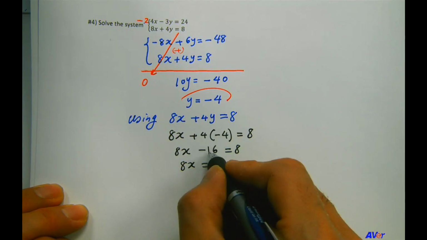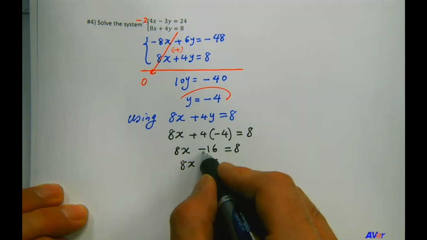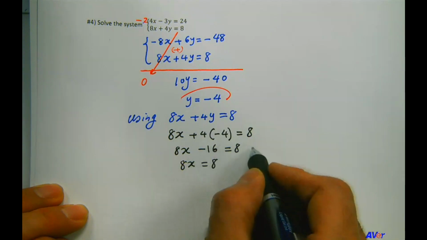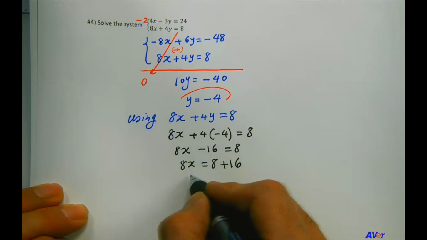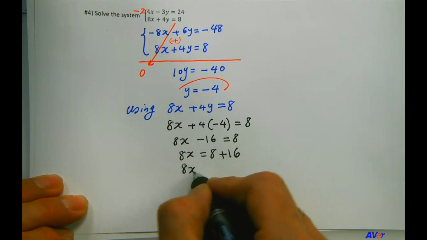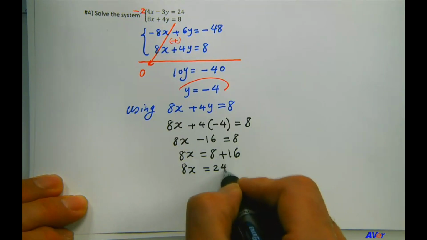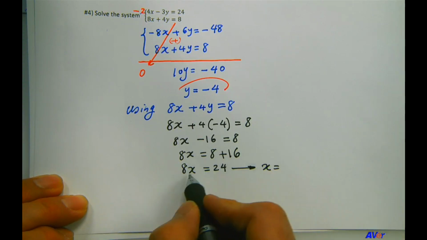Send this minus 16 to the other side of the equality symbol. It was negative on this side. When you move it to the other, it becomes positive 16. And so 8x equals 24. We're solving for x, so we need to isolate x.